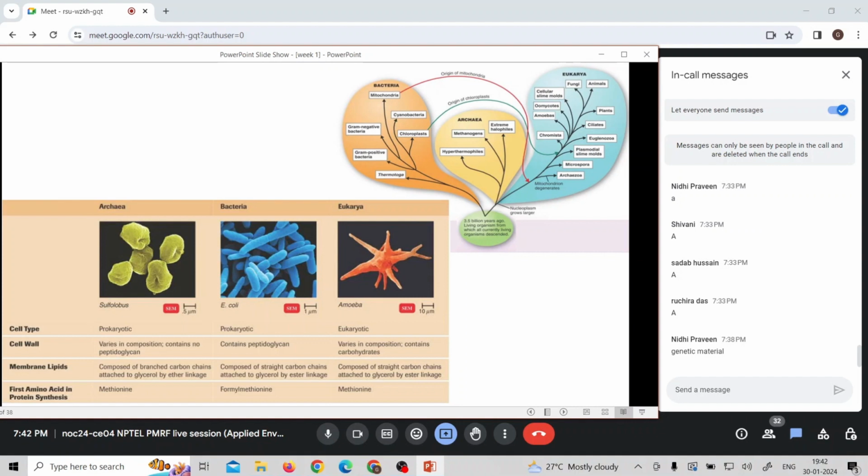In translation, as we all know, we have triplet codons, which each code for a particular amino acid, and in that we will have start codons. The first amino acid that comes in the translation process is usually methionine in archaea and eukarya, whereas it is formyl methionine in bacteria. This is a very key difference between these organisms.